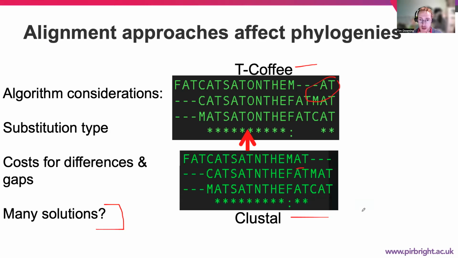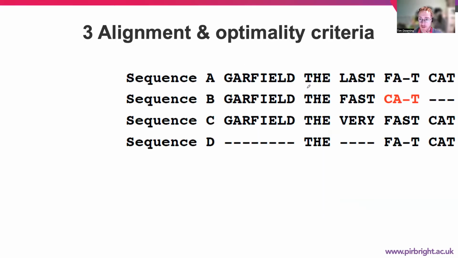If we look at this other example related to Garfield, the last fast and very fast cat, you can see that we have different sequences represented here, and therefore we can look at the patterns of similarity across the different sequences and see which among these are most related or which are more divergent. So we can see at the start that we have differences at these four letters, where we just have one change here at L and F for sequences A and B, where this is four changes.